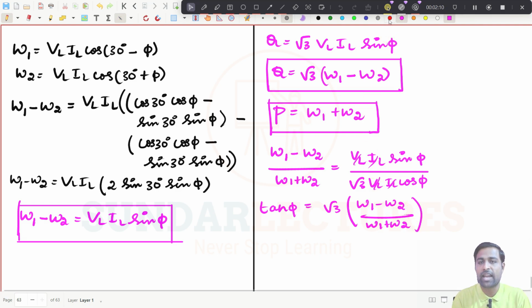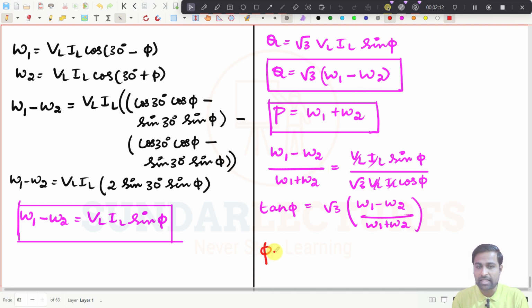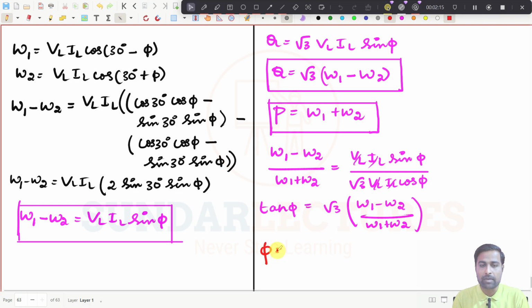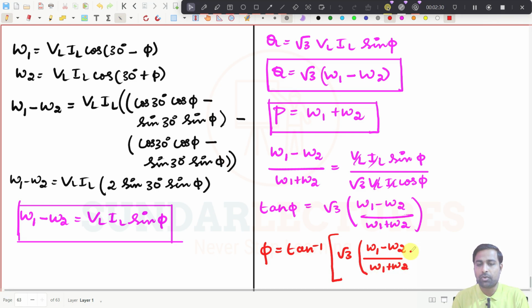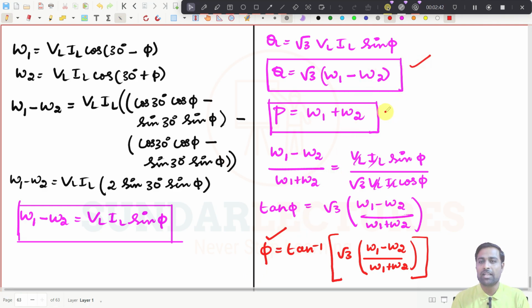So on the other hand, I can write phi, the phase angle, as tan inverse of root 3 multiplied by W1 minus W2 divided by W1 plus W2. See here, how many things we are getting. With only this W1 and W2, we will get the value of phi, the value of reactive power, the value of real power. We got everything.